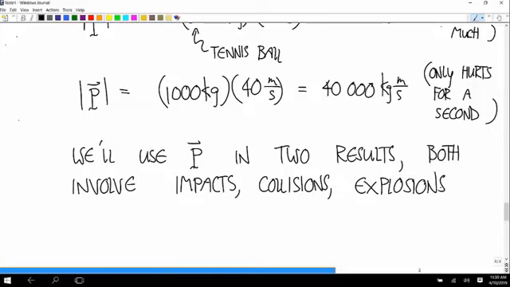These are the only really useful applications for momentum calculations. The first one is the impulse momentum equation.